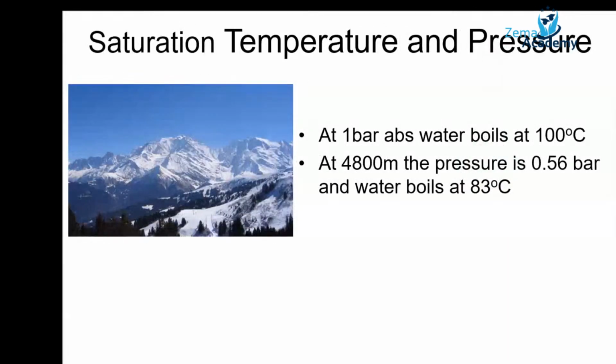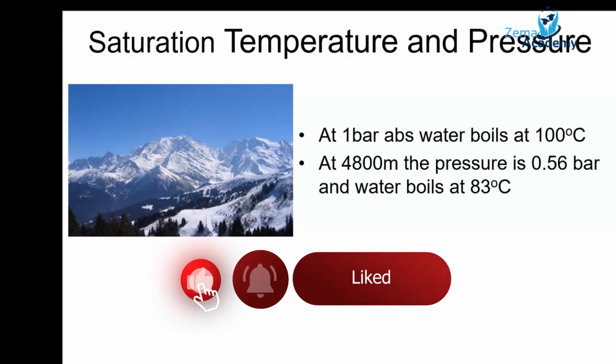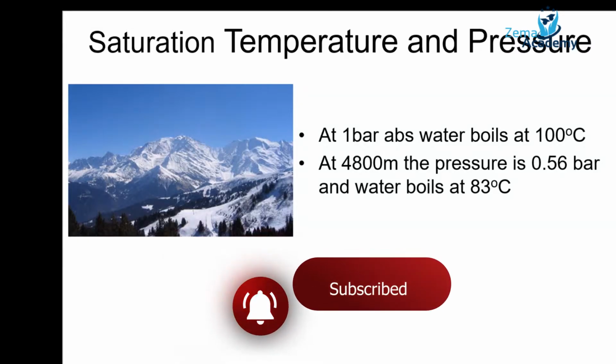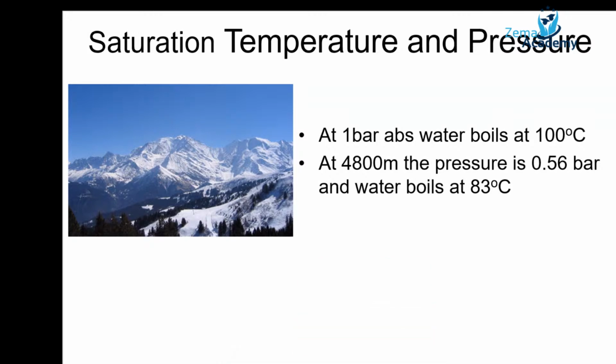For instance, if you take water and try to boil it at, let's say, 4,800 meters, at a pressure of 0.56 bar, the water boils at 83 degrees C. So as you can see, not 100, the one that we always say. Depending on the pressure, water can also boil at 83 degrees C. So what I wanted to highlight here is the relationship between pressure and temperature. And that is critical in any refrigeration system that we will look at.